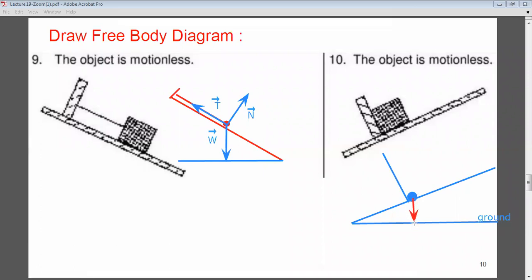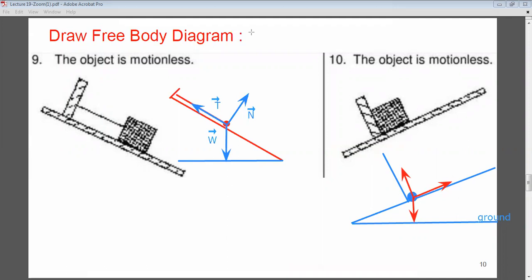Never forget this. Okay. Then there is the first surface, this one. So there is a normal force perpendicular to it. This is normal 1. And then there is the second surface, this one. And so there is a second normal in this direction.